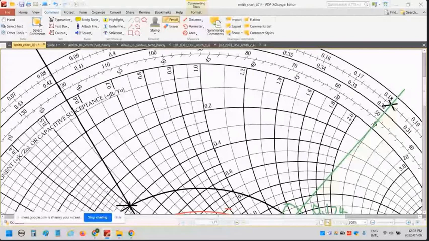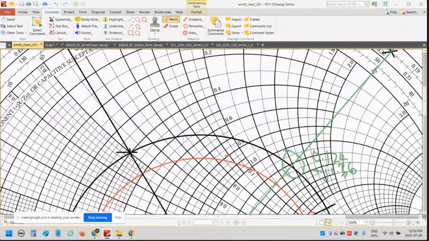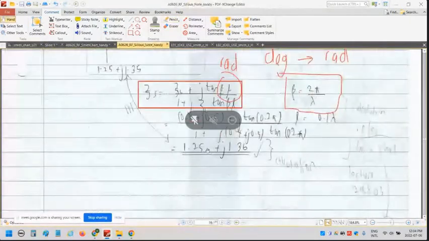This one is 1.2, this one is 1.4, and of course this one is 1.3. So they are here, which means plus J 1.3, around what value? Let's say 1.36. So you compare with your answer here.